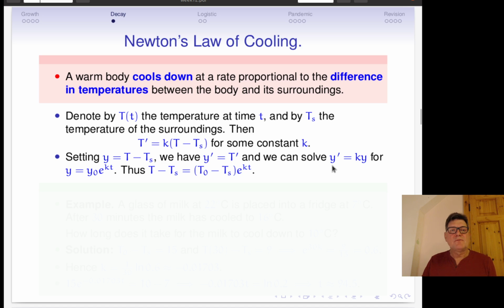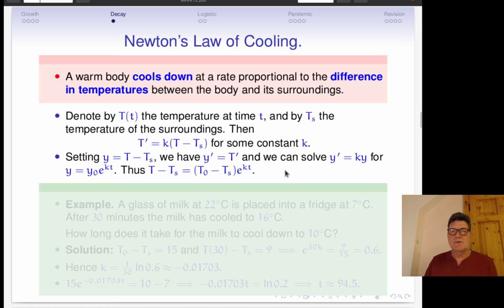And so we can solve the equation y prime equals ky for y and get, with the methods we saw before, y described as y0, the initial value, times e to the kt, where k is the relative growth rate or decay rate in this case. Translating this back into the language of temperatures, y was the difference, y0 then again is a difference of temperatures. We get T minus T_S is (T0 minus T_S) times e to the kt.